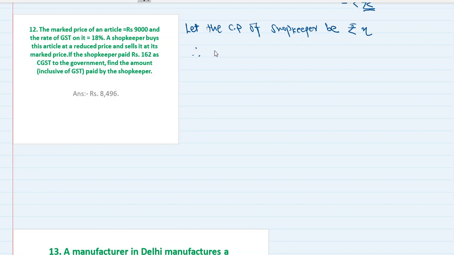Therefore, now the shopkeeper paid rupees 162 as CGST. That is the whole idea. And the rate of GST is 18%.